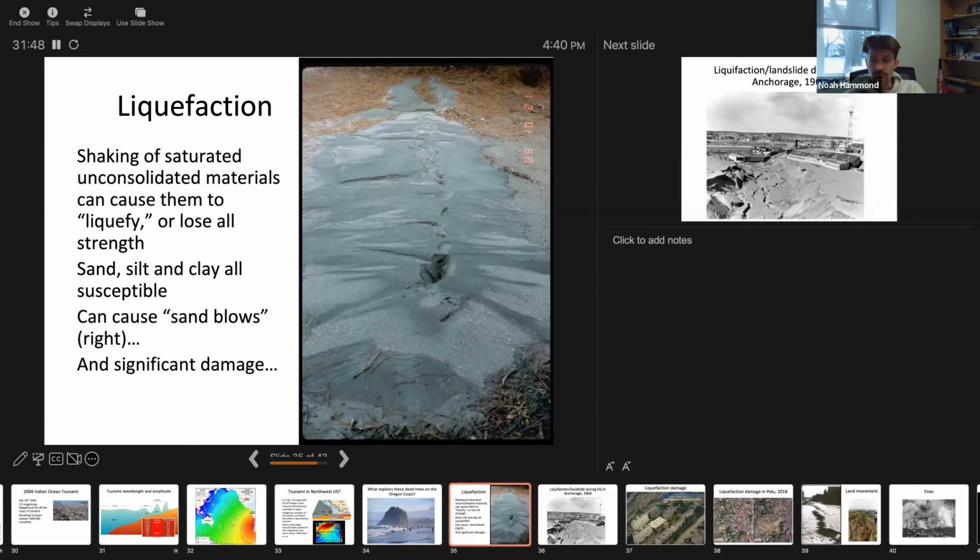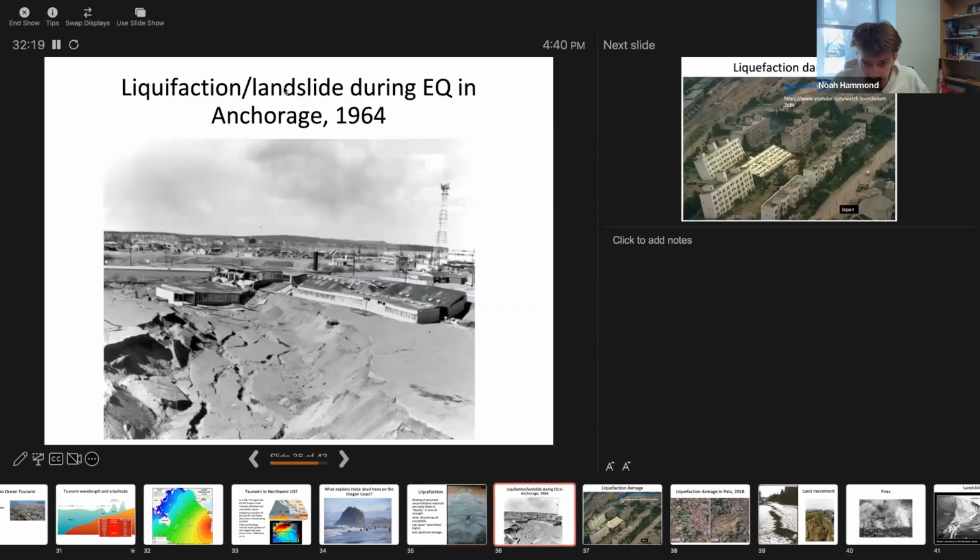So if you build a house on loosely compacted sedimentary rock that has lots of groundwater in it, and then all of a sudden an earthquake comes through, the rock you're sitting on is basically going to turn into a pile of mush, right? The shaking causes the sand grains that are touching to suddenly just be floating, and the material loses all strength, so it can really cause significant damage.